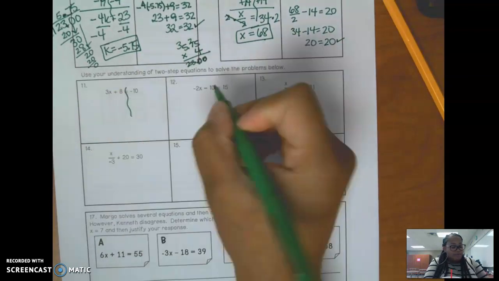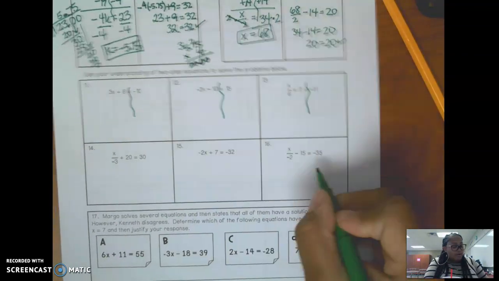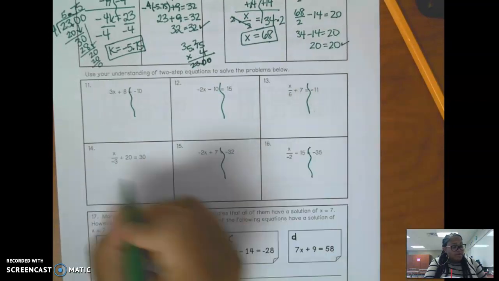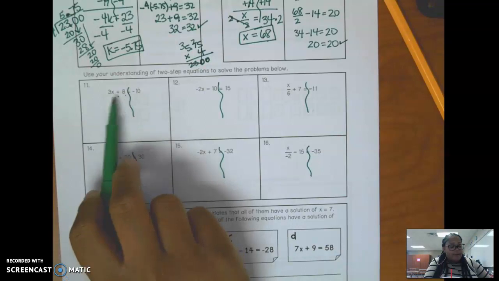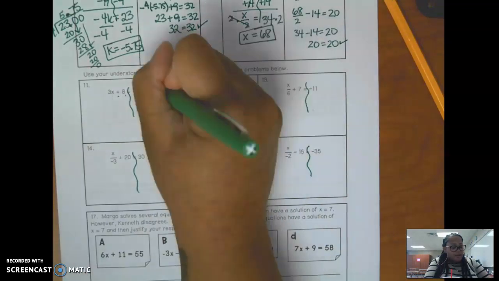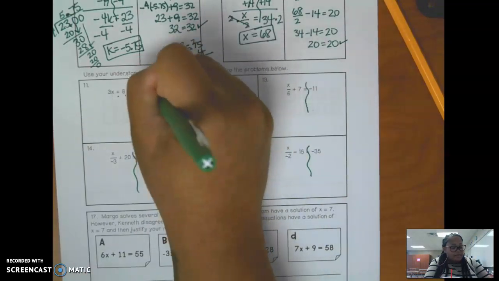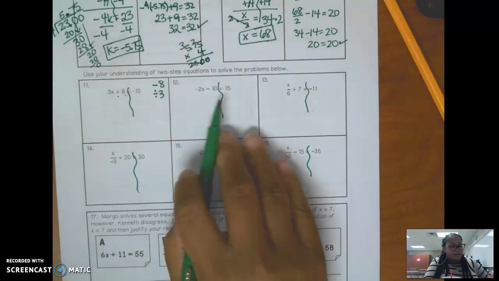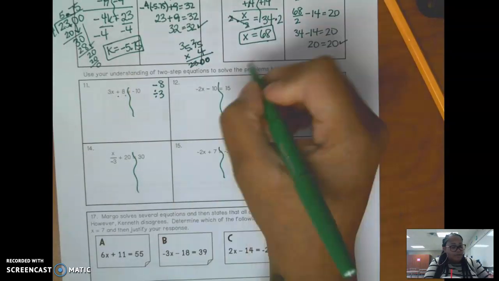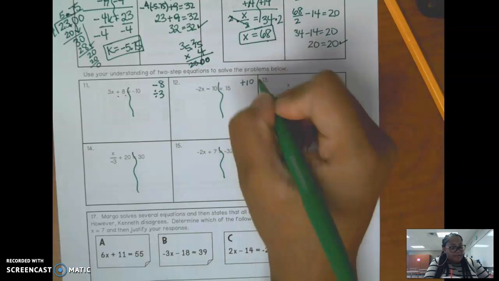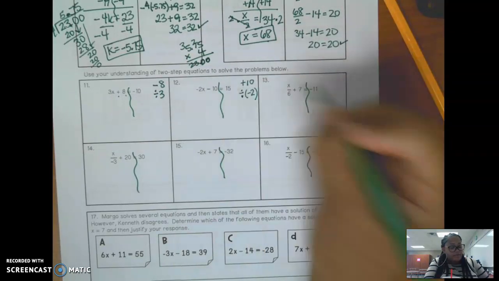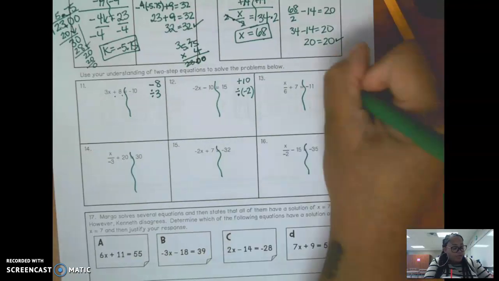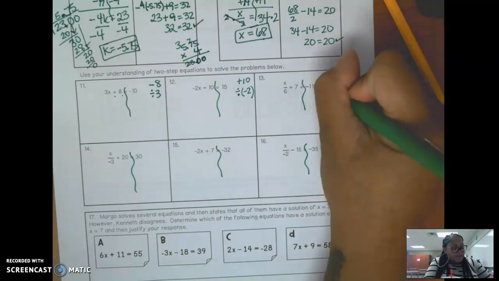So I'm going to draw a river for each one. First step, I'm going to subtract 8 and then divide by 3. First step over here, I'm going to add 10 because that's the opposite, and then divide by negative 2. First step over here, I'm going to subtract 7, then multiply by 6.